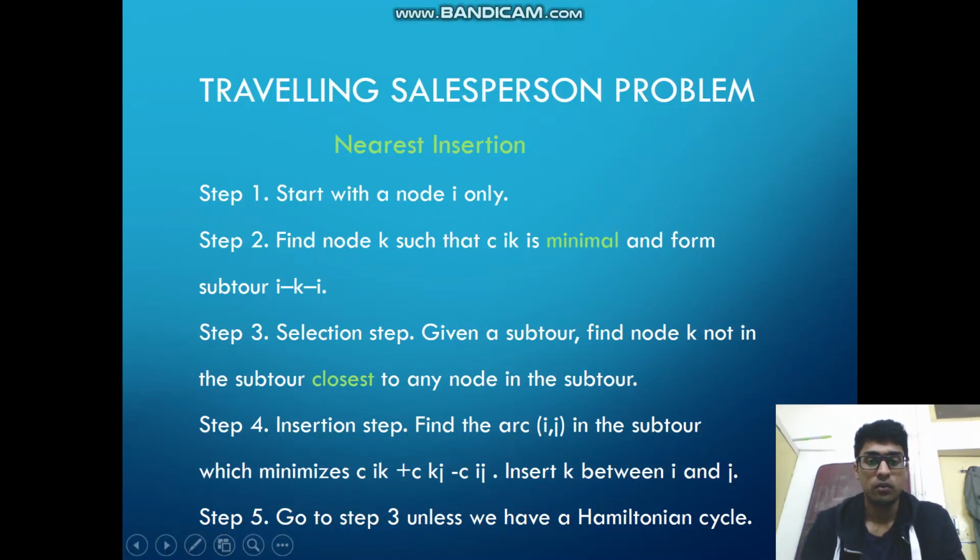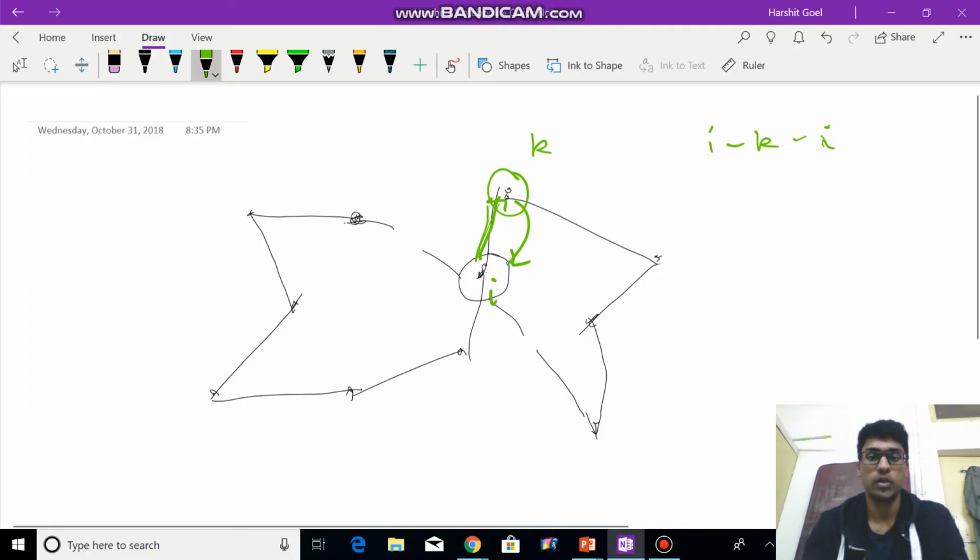Next we'll do the selection step. Given a subtour, find node k not in the subtour closest to any node in the subtour. So now we find a node which is closest to any of these two nodes, i and k. Here we can see that this node is the closest, and it is closer to i. Let's say this is j. Now we'll add this j to our subtour.